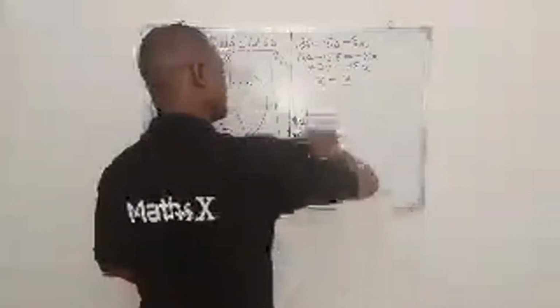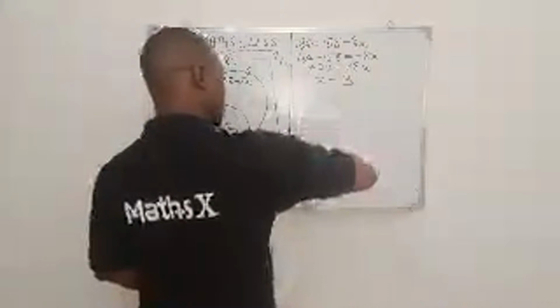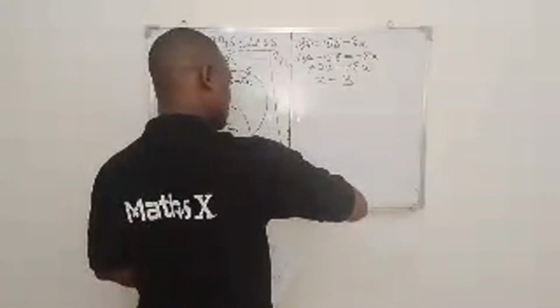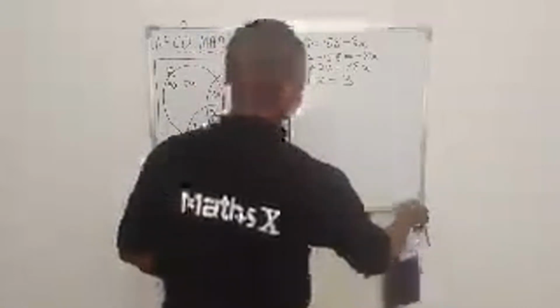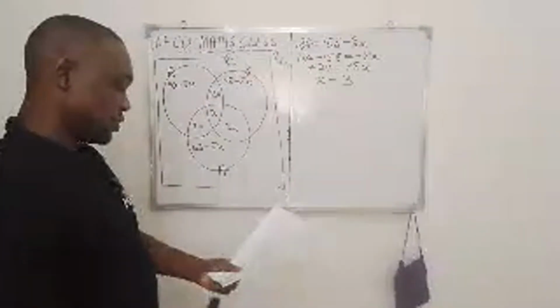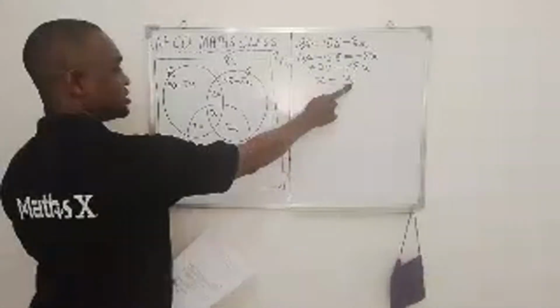For the last part of this number 3, part 2, the question is pretty straightforward after setting up every other thing. The question is, how many students study economics only? And that is this number. Now, our x is 3, right?